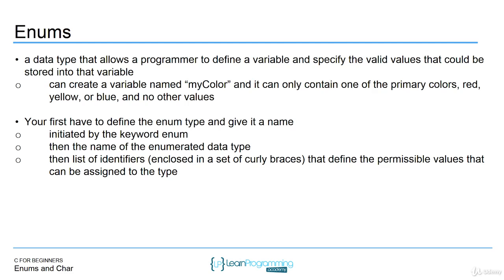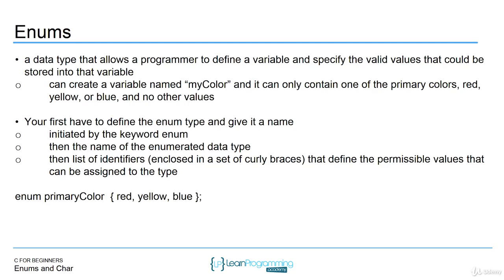The way that you do it is you use the enum keyword, and then after the enum keyword, you provide a name, like an identifier. And then after the identifier, you put the list of valid values inside curly braces. You're basically saying that this enum can only be of these values. And then when you want to use the enum later, you create a variable of that enum type.